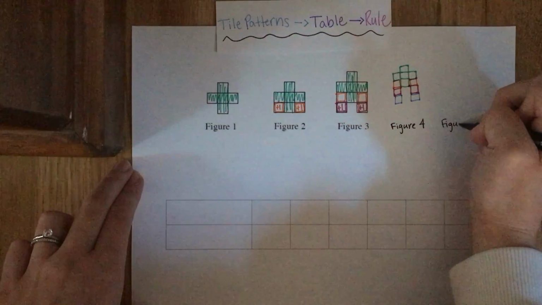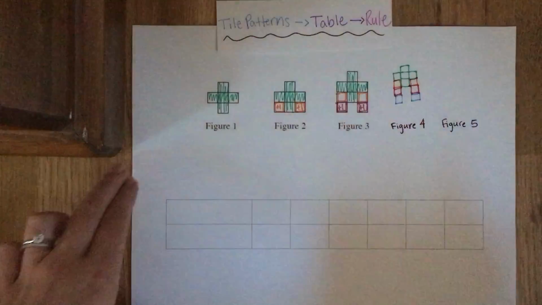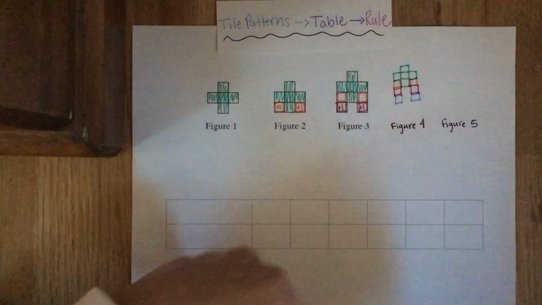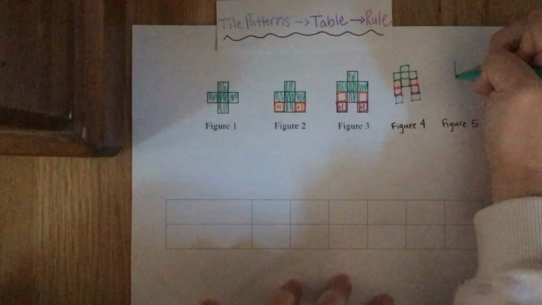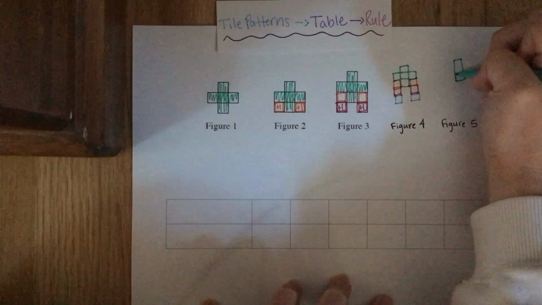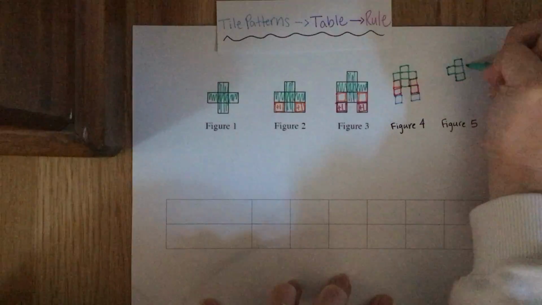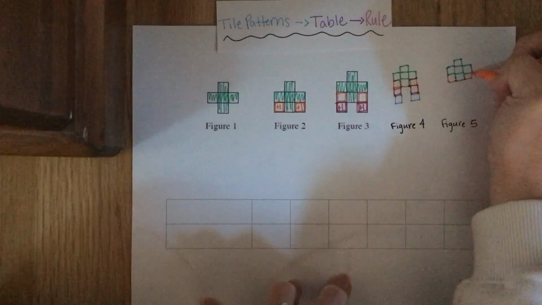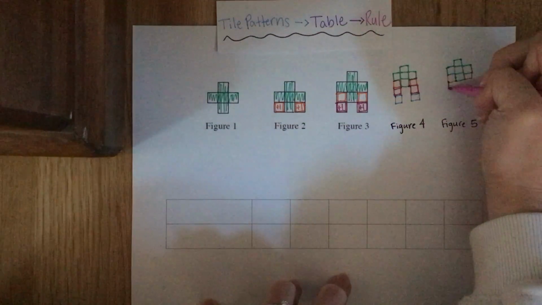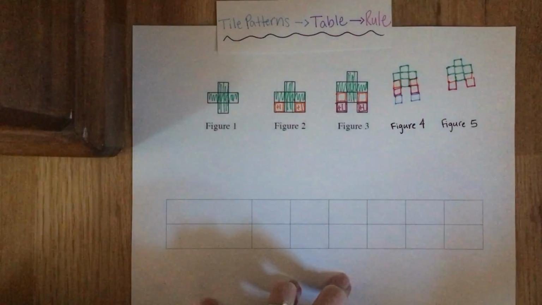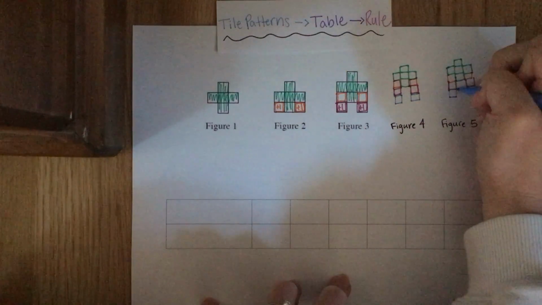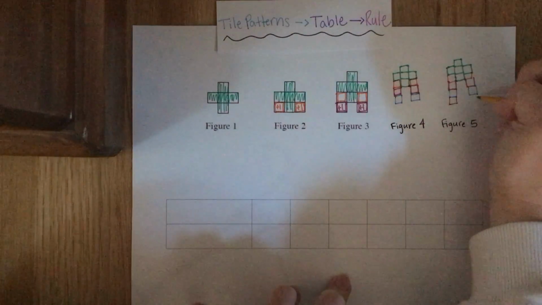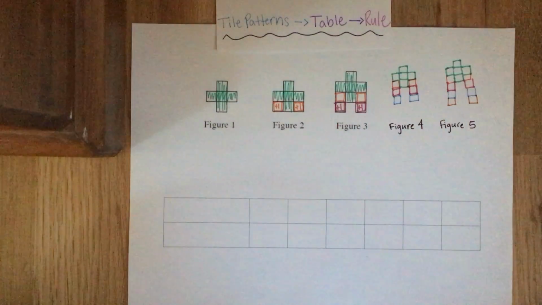If I were using a computer, I would probably just have it draw the squares and copy and paste them, but I'm not. Alrighty, so same thing again. I've got my 5 original squares from figure 1, my squares from figure 2, my squares that were added for figure 3, my squares that were added for figure 4, and I've got to add 2 more squares here for figure 5.